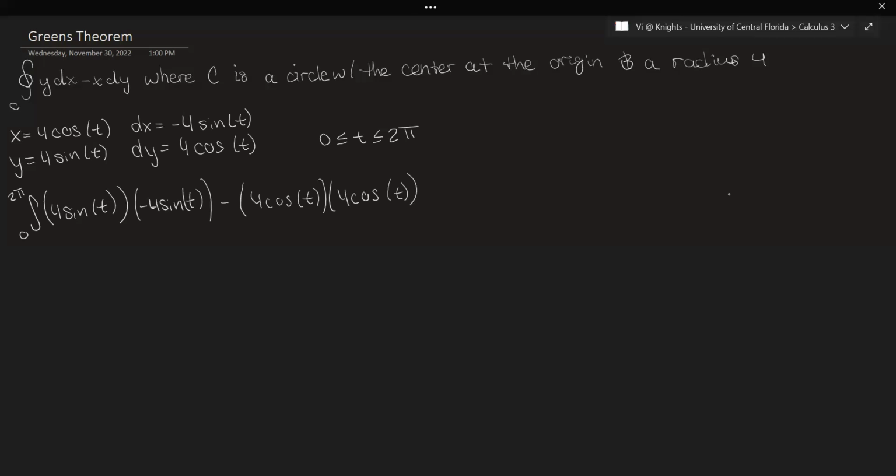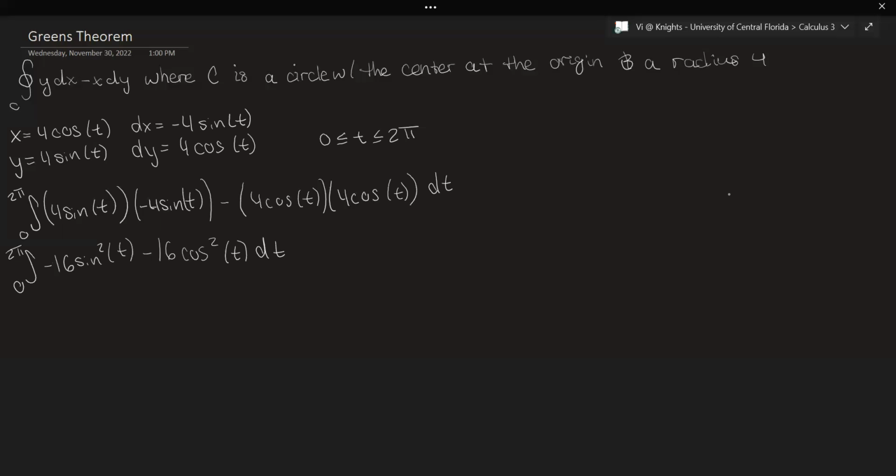Okay, and then I'm going to go ahead and simplify this. So this simplifies to 16 sine squared t, and then the other one is going to be 16 cosine squared t dt.